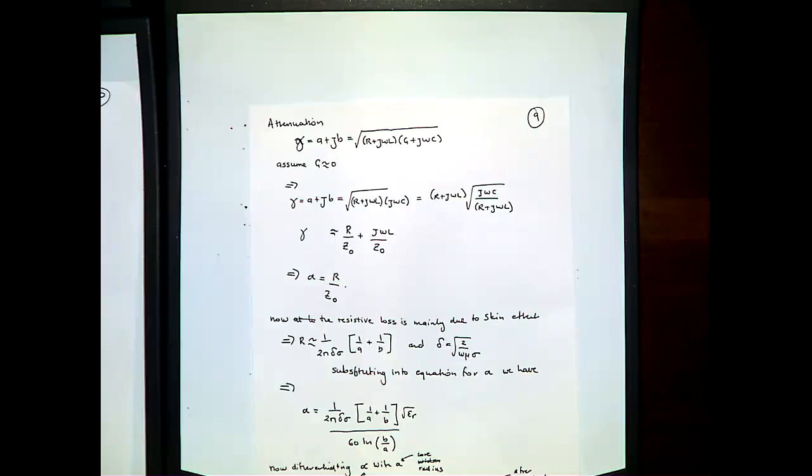If we had a different dielectric material, the total loss would be the loss due to skin effect plus the dielectric loss. In this particular case it's air, so you don't have dielectric loss. Technically I'm assuming it's vacuum, but for air and vacuum the relative permittivity and the loss are almost exactly the same, so it's an excellent first-order approximation.